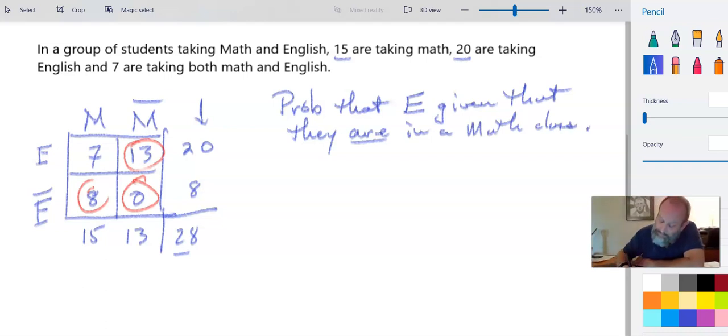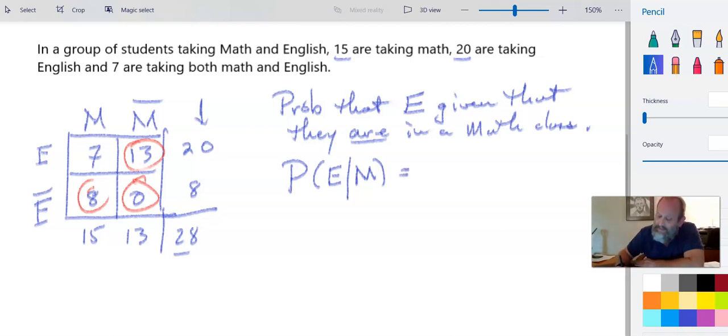That would be written the probability of E given M. It's kind of a weird notation. So that line there means that M is already true. I already know that it's someone taking a math class. What's the probability they're also taking an English class?